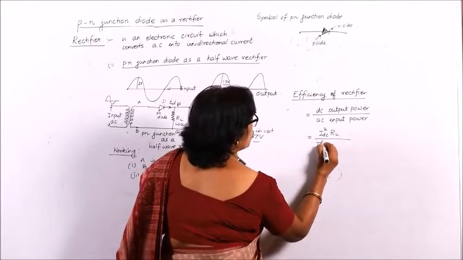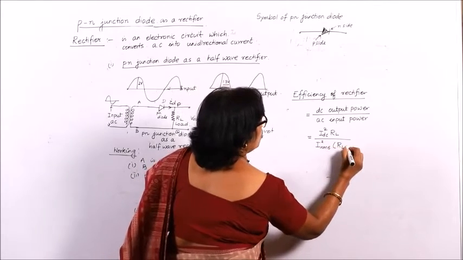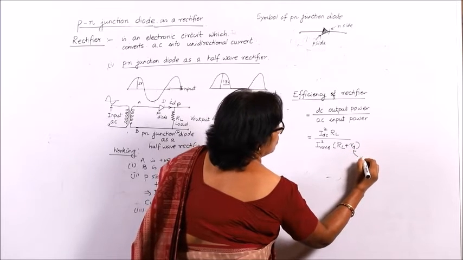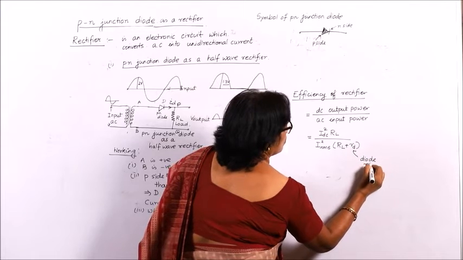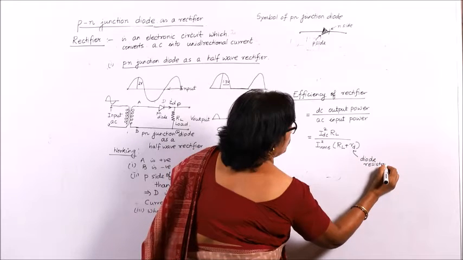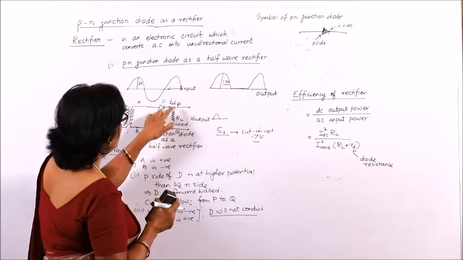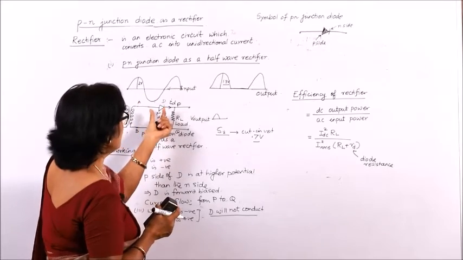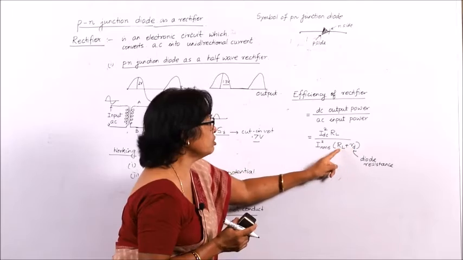Here the resistance is RL, the load resistance, plus the resistance of the diode, because the AC current is passing through the diode and through RL, both of them. The resistance of the diode is very small in comparison to RL.